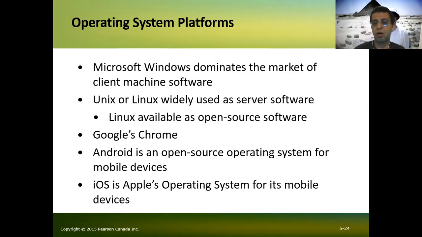Linux is open source. Unix you can mostly find in Sun, who utilize it a lot. Linux is available as open source software. And then you have operating system platforms like Google's Chrome. You have Android, an open source operating system for mobile devices, and iOS, Apple's operating system for its mobile devices.